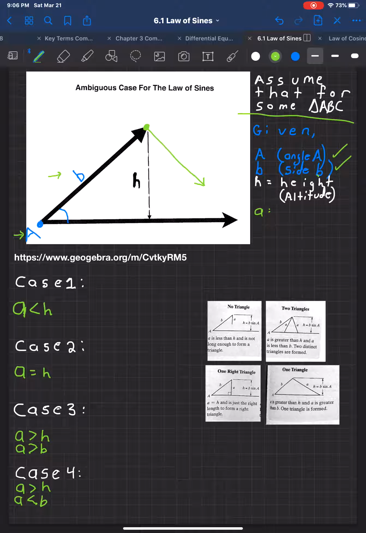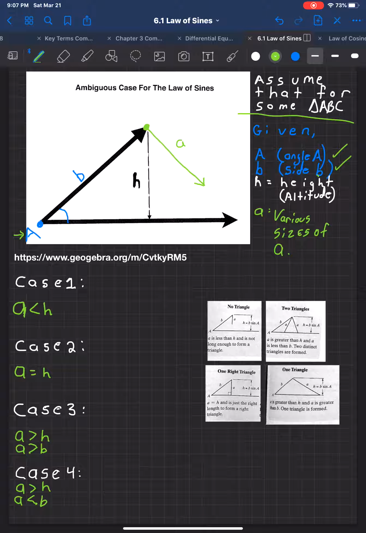Does that make sense? That this side A can rotate like a clock going around the hours and minutes, right? So A is hinged and it can rotate. So now, what are we going to do? We're going to look at various sizes of A.